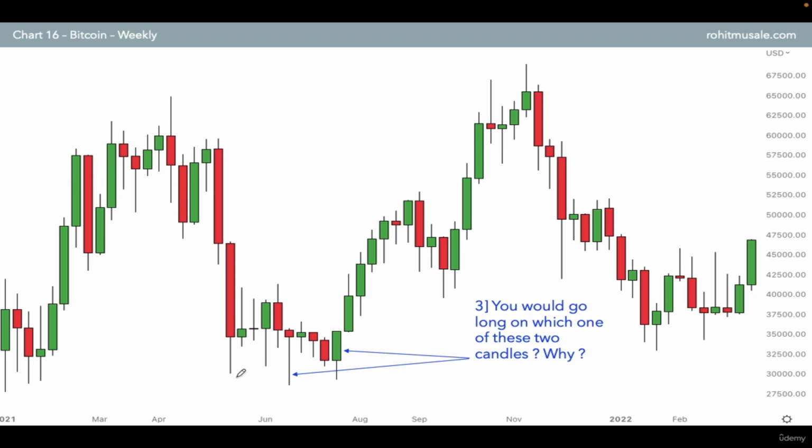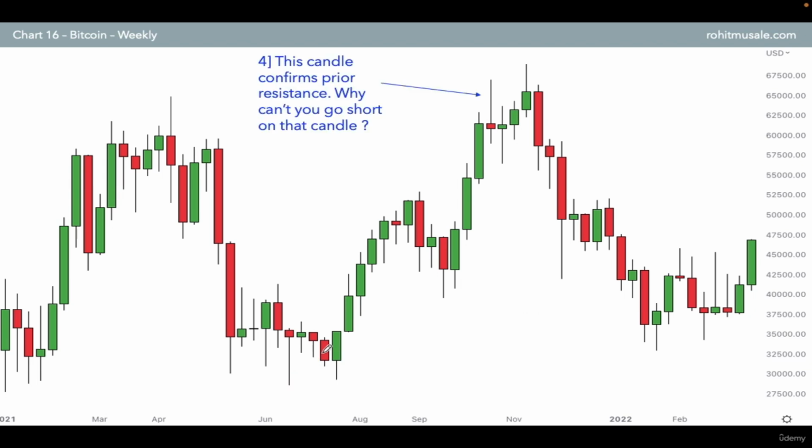So the hammer, although is confirming this, I wouldn't give much importance to that hammer. So I would not buy on the hammer. Second, this is completing a bullish engulfing pattern. However, it fails to test the low of the hammer, right? So I would not buy on that candle either. So I would buy on none of these candles.